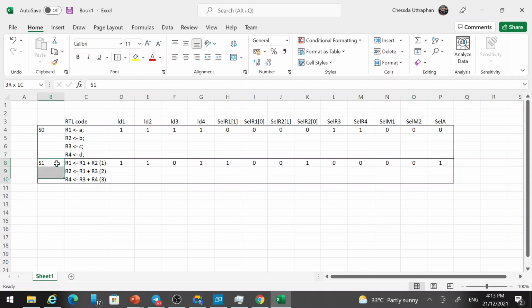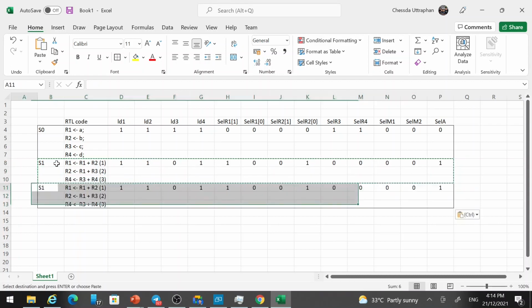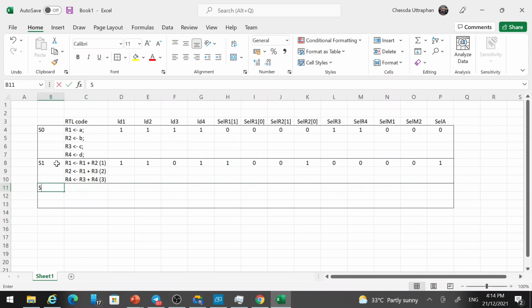What about S2? Maybe I can copy this, right? And just delete this one. And we have S2. So S2 is R1 plus R3, and this will be adder number 1.